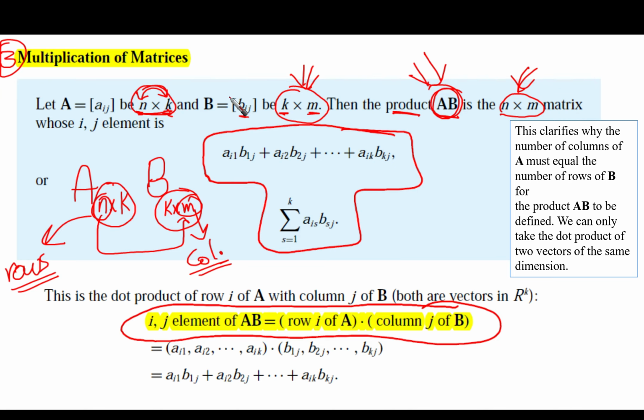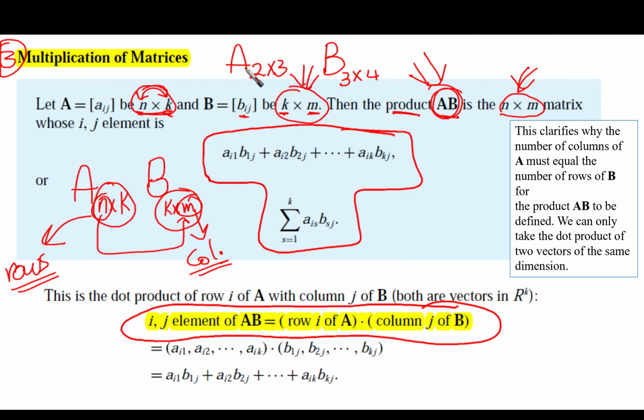So if we have, for example, A 2 by 3 times B, let's assume this is 3 by 4, for example. So take care, can this be multiplied or not?